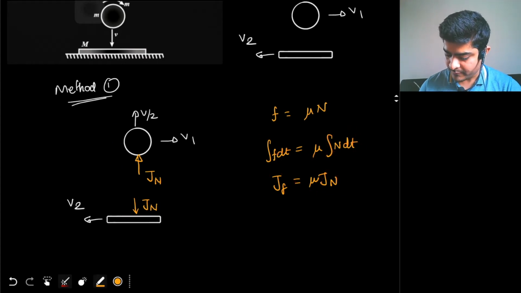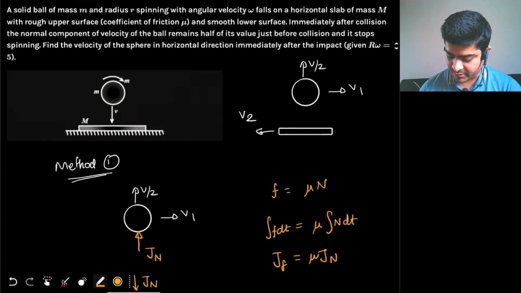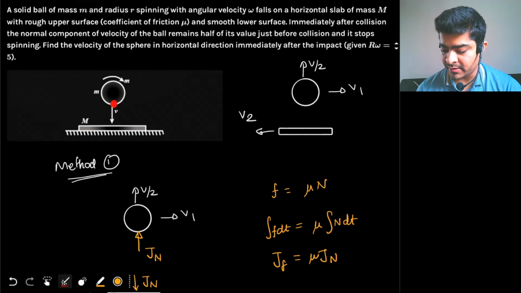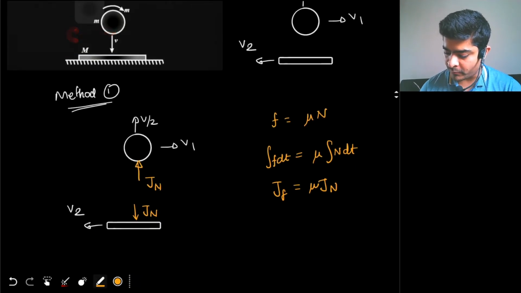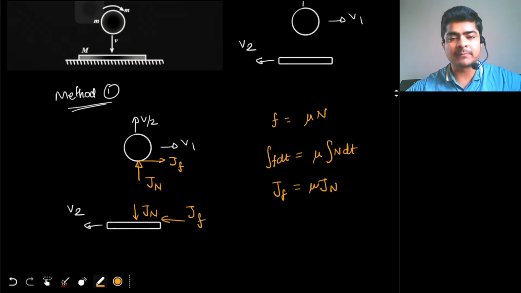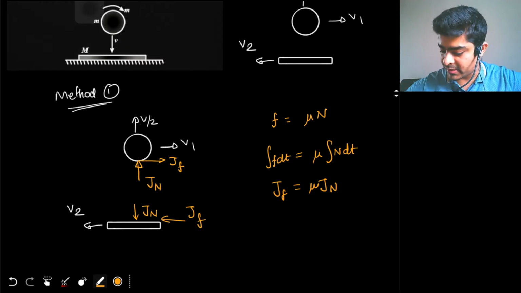Now the frictional impulse will be acting in which direction? The bottommost point of the sphere is trying to go backwards, and therefore the friction on that point will act forward, Jf, and in reaction we will have Jf on the plank backwards. So this is my FBD.